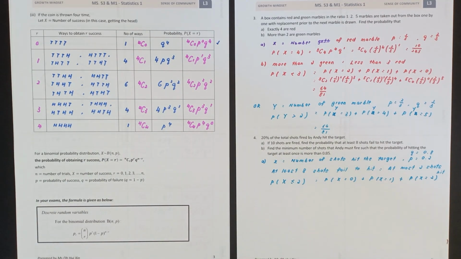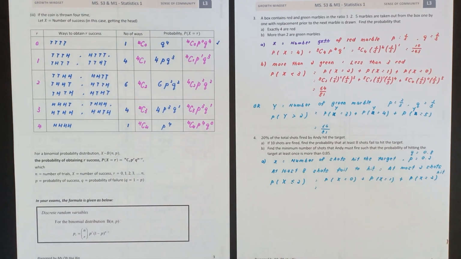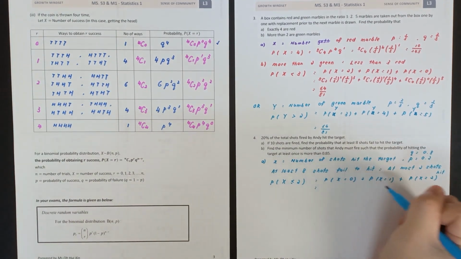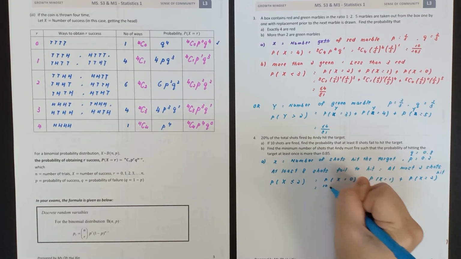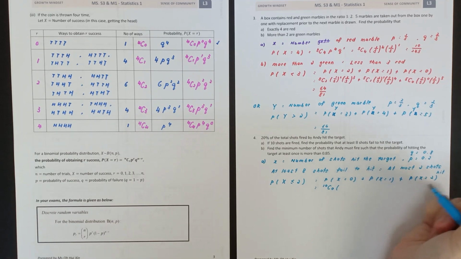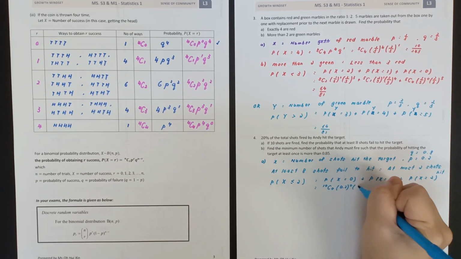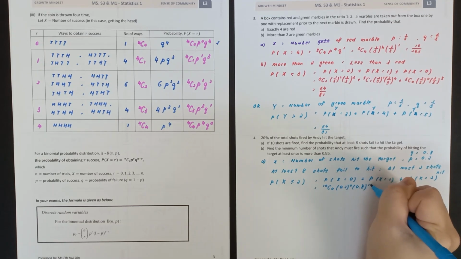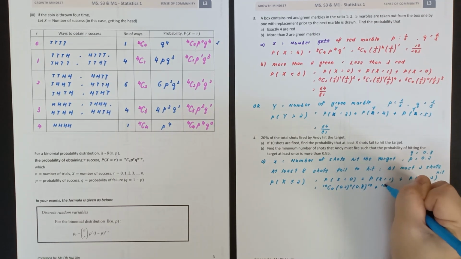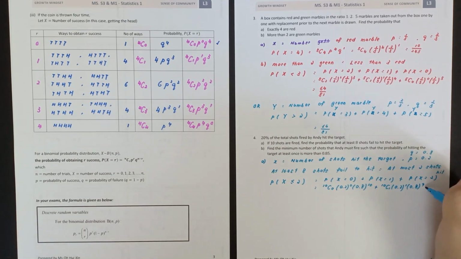Okay, so now let's write everything. n is 10 shots, so 10C0, probability for me to hit is 0.2 to the power 0, 0.8 to the power 10, and then plus 10C1, 0.2 to the power 1, 0.8 to the power 9, now I plus the last one.